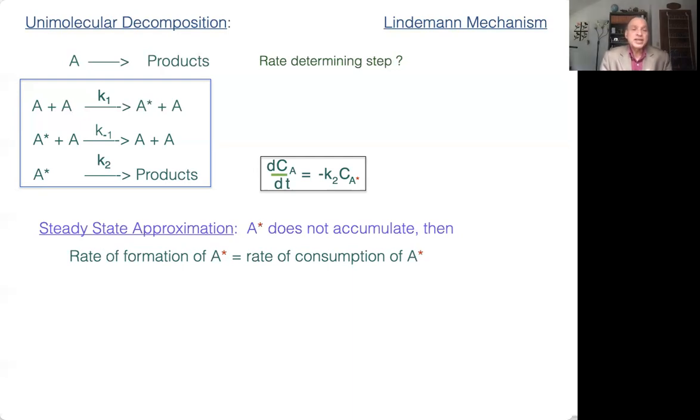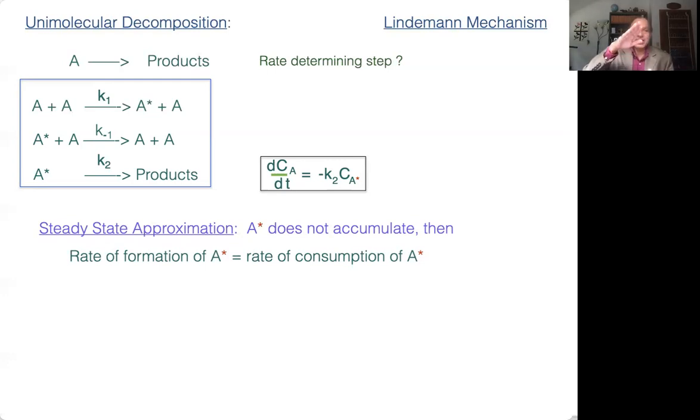So what we're saying is A star does not accumulate. If A star accumulates to any significant extent, then the approximation fails. And so the question is, what is significant or what is insignificant? So this is a constant debate: at what stage do we call this significant and so on. But what it means is it doesn't accumulate.